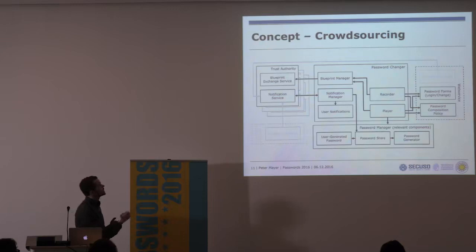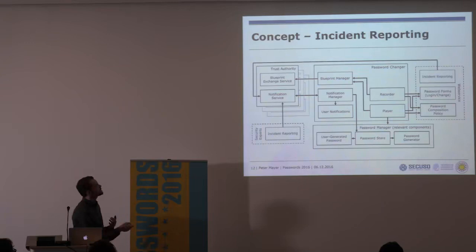The second function is the notification service, and here also the users can report any breaches they become aware of, but also here we believe that the web services and security experts would be very good sources to actually provide this information.